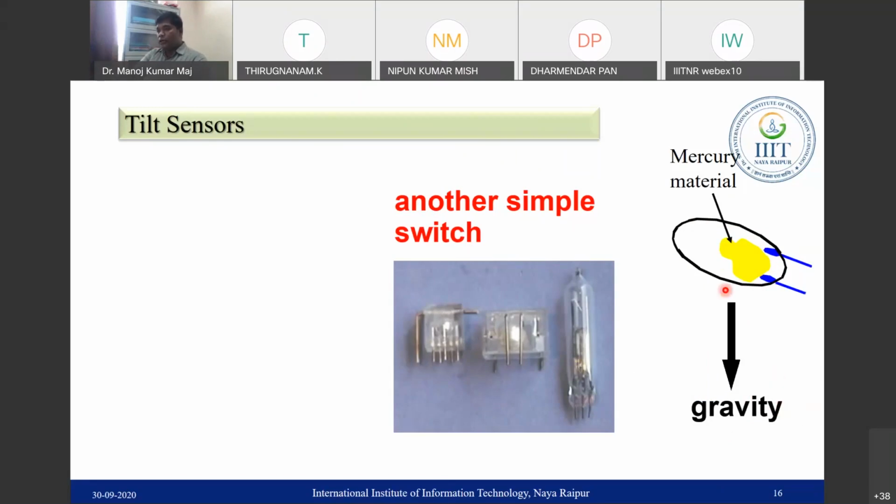This is called the tilt sensor. The tilt sensor can be used as another type of switch. By using the tilting effect, we can use this kind of sensor as a switch. And these are practical scenarios of tilt sensors.